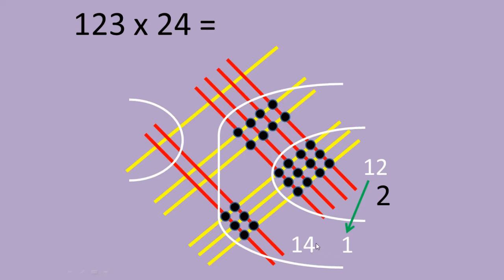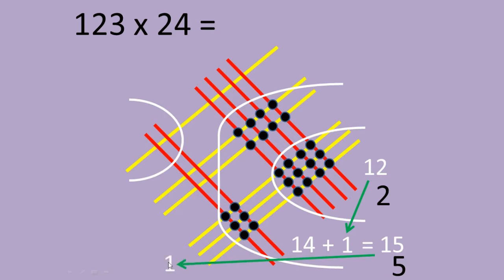So we're going to add these two numbers. We have 14 plus 1 equals 15. Then again, we have a 2-digit number, so we only need 1 digit in its part. So we're going to leave the 5 here and carry the 1 into the other part.